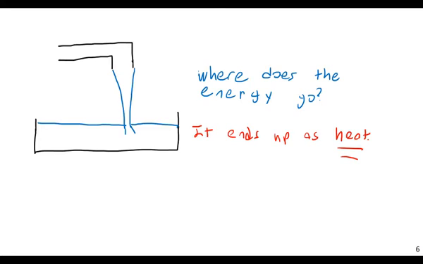On an almost universal level, with very few exceptions, every drop of gasoline we burn, every bit of coal we burn, every watt of solar power or wind power we collect, every electron volt of nuclear energy we release in reactors, basically all of it ultimately ends up as heat.